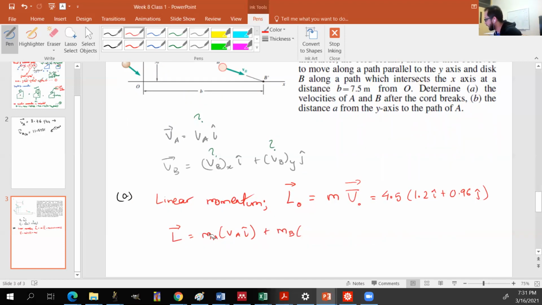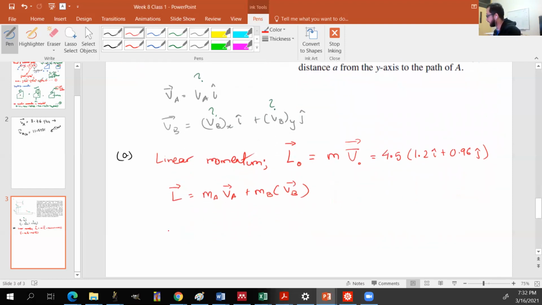So let's just write it out in vector form: MA times VA plus MB times VB. So plugging these in here, you'll get two expressions, because you'll be able to compare the i hat and the j hat components.